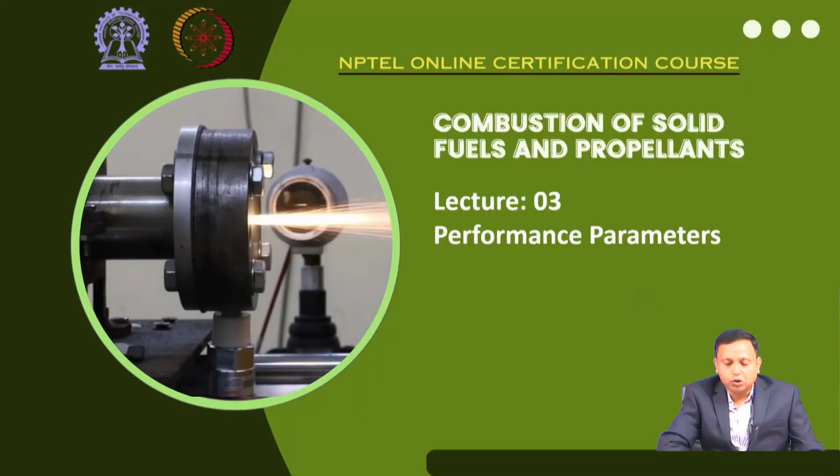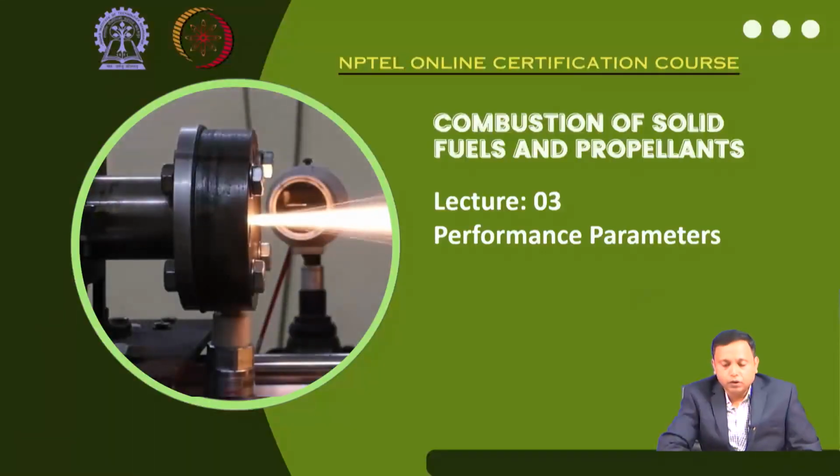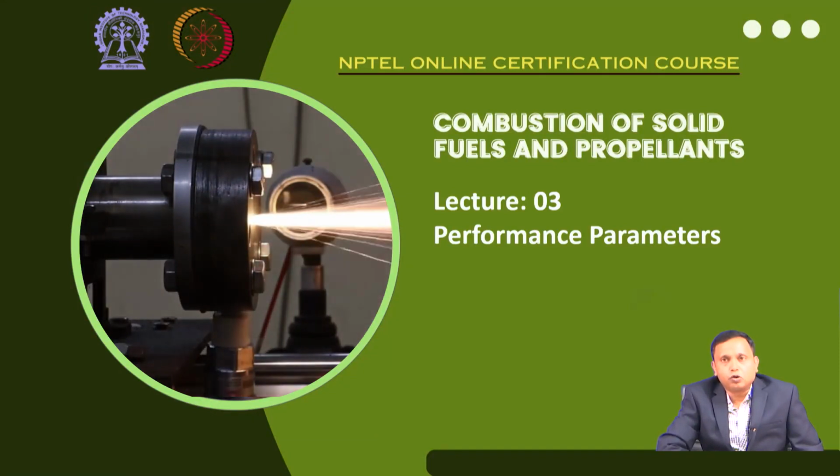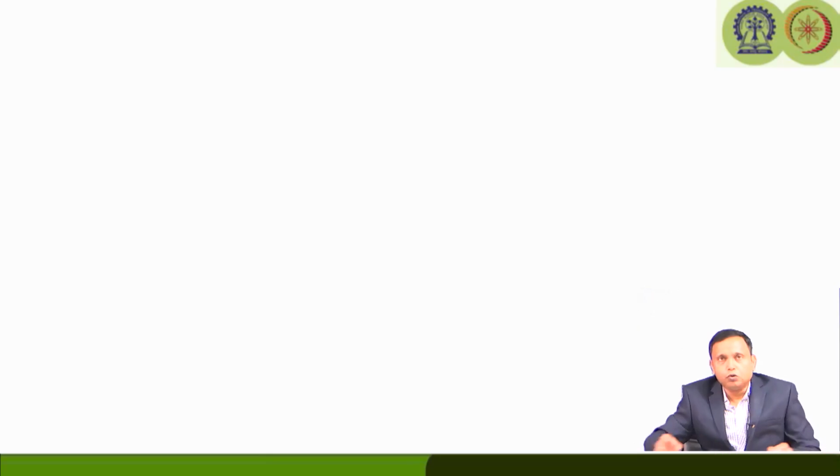Welcome back. So, this is lecture number 3. We will continue from where we stopped in the previous lecture. If you recall, we had talked about the efflux velocity Vj, which was dependent on various parameters.